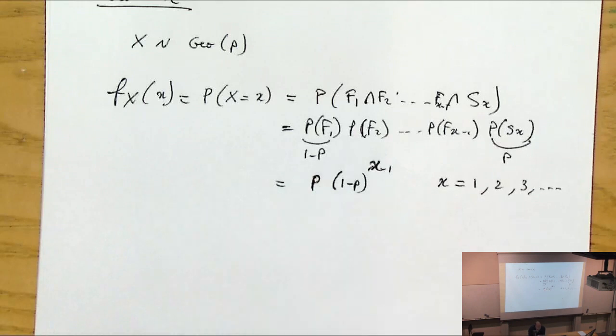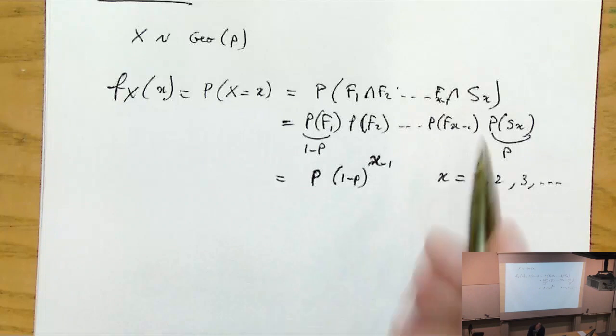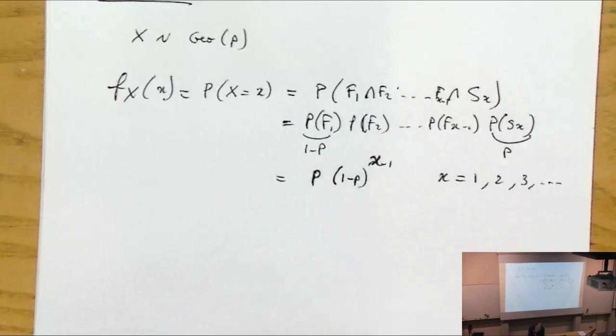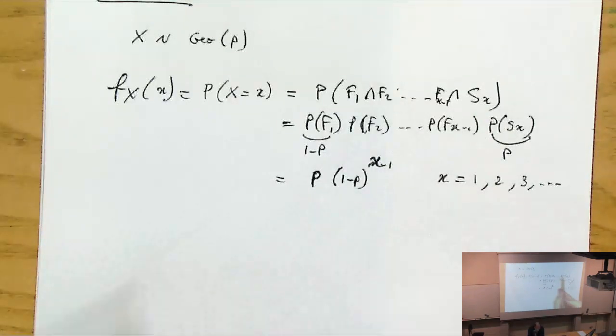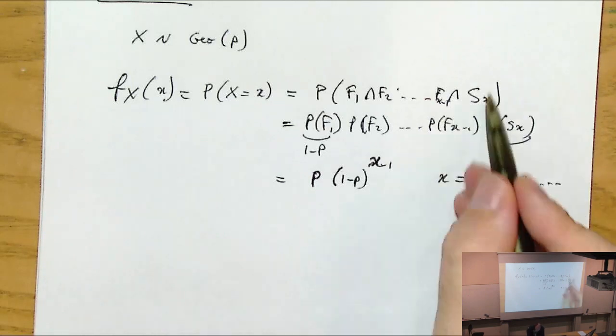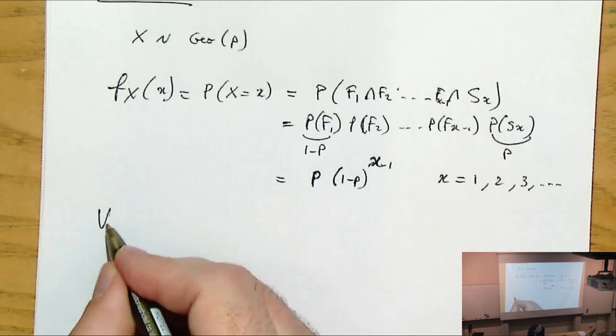Is that clear? Similar idea to what we had before, but it's simpler to compute because you have only one possible event. You need to have x minus 1 failures to get the first success at trial x. So is that a valid PMF?